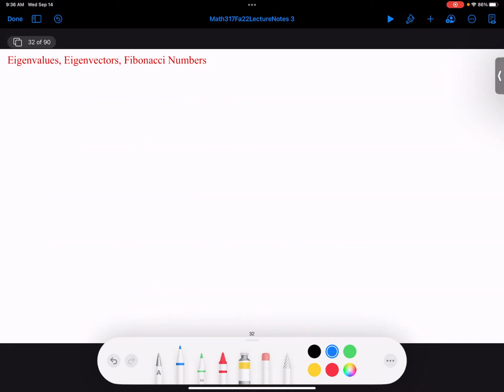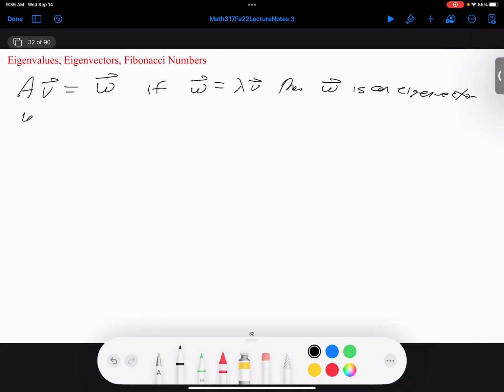The idea is, in general, if you have a matrix A times V that is equal to some new vector W, in general W has a different direction and a different magnitude than V. But if W equals lambda V, then W is an eigenvector with eigenvalue lambda.